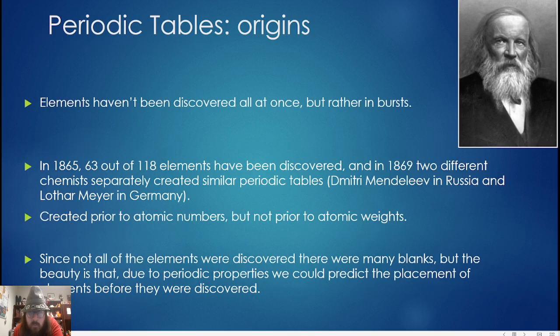One thing we'll learn about a little bit later, but we can keep in mind now, is that elements weren't discovered all at once. The way they're discovered is in bursts based on technologies. When we get a new piece of equipment, sometimes that equipment can lead to a great deal of work.